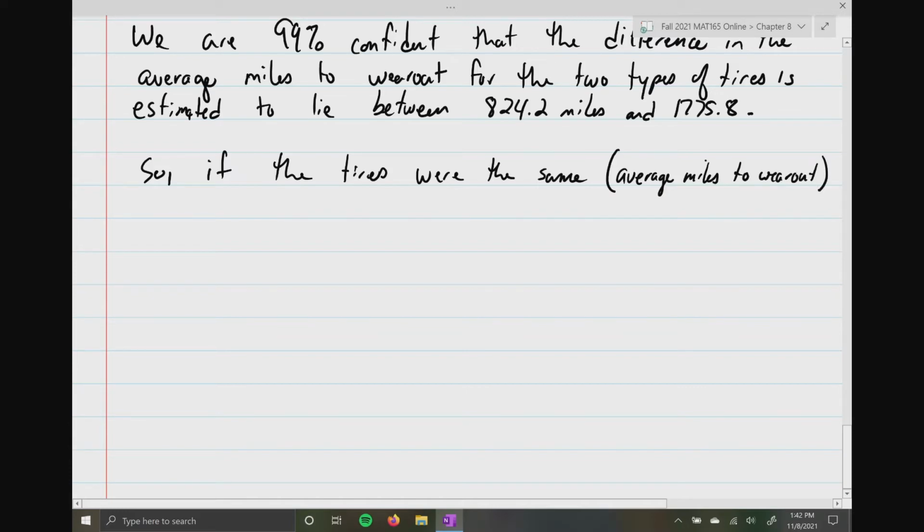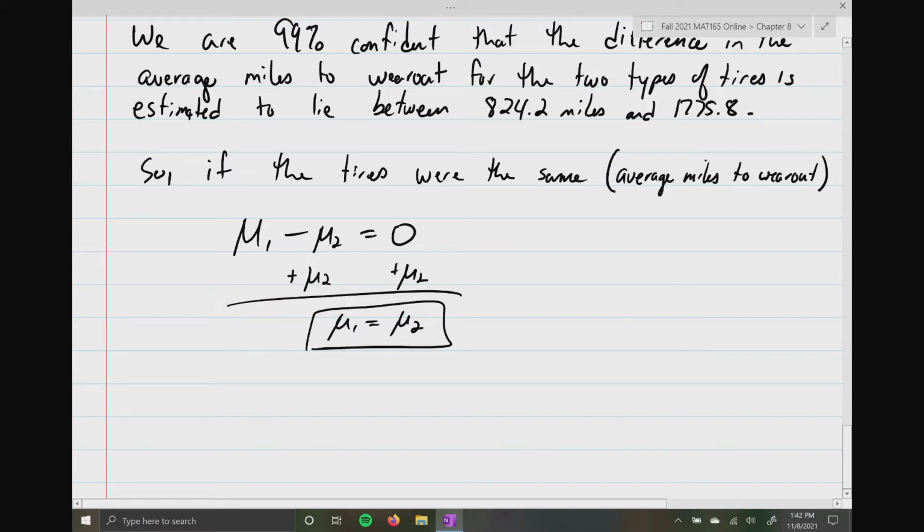If they were the same, then the difference between mu1 and mu2 would be 0. They would have to be. In other words, if they were the same, then mu1 and mu2, using basic algebra here, the mathematics doesn't lie. It tells you they have to be the same.